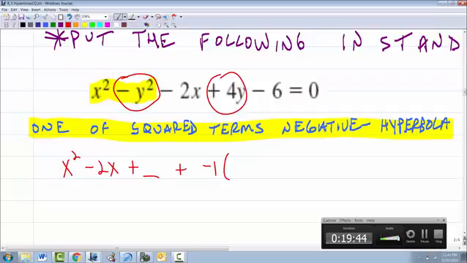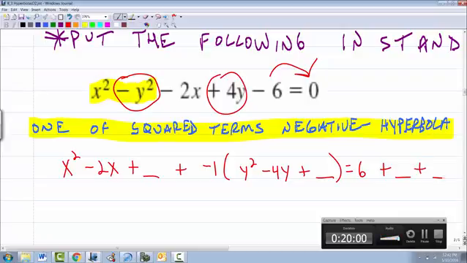So back to you. What does this become then? -4y plus blank, and then equals, what does that equal? Don't make this mistake that many did. 6 plus blank. Now we'll go to you who said to pull out the negative and fill in the blanks. Fill in all 4 blanks.